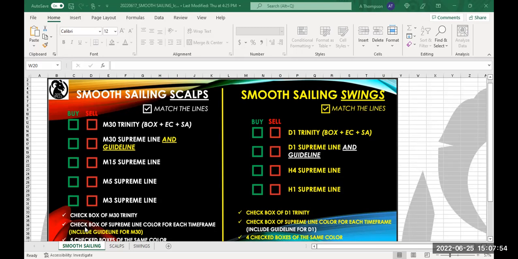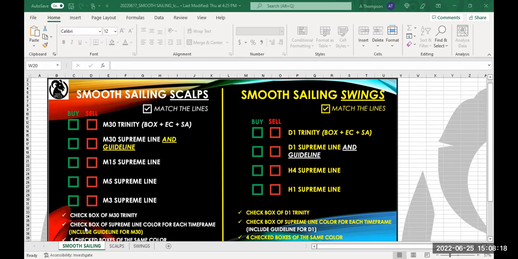And then you're going to stay in that trade until whatever exit you prefer. So let's just say, for instance, you trade from EC to EC, or from triangle to triangle. Whatever your exit is, that's when you're going to exit the trade.